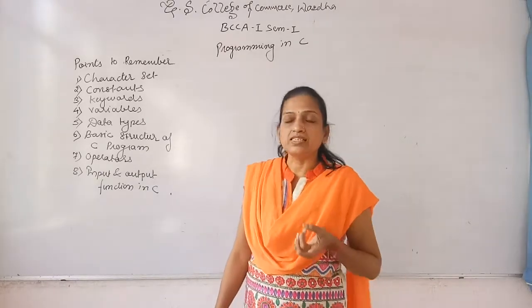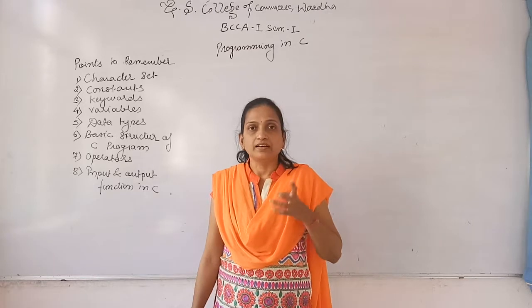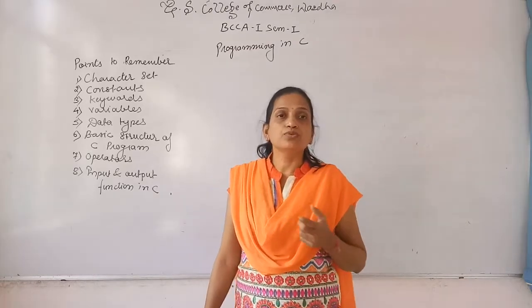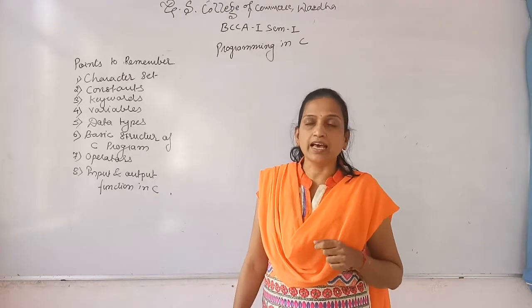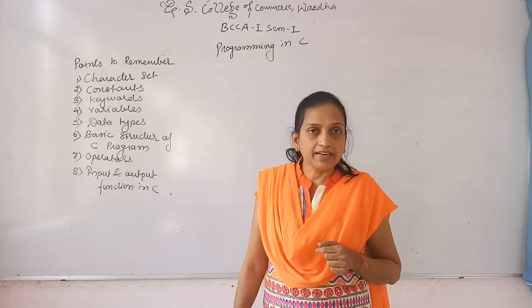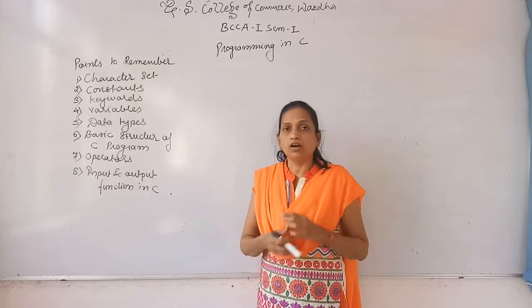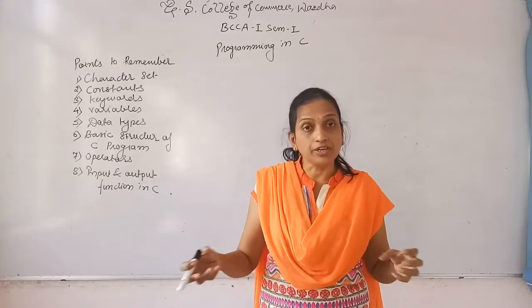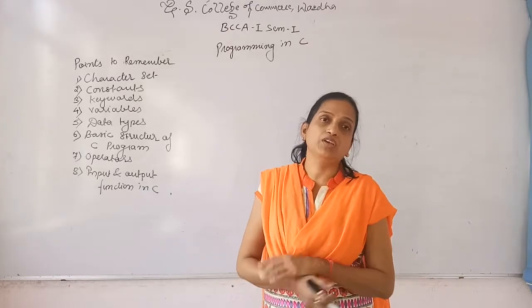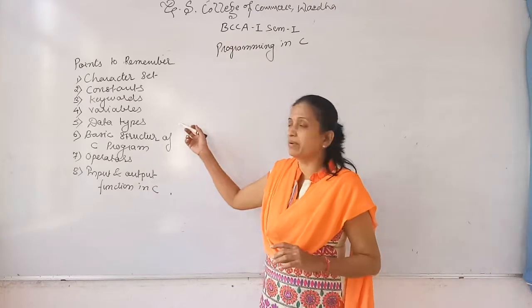Next is the char data type, which you can use to store a single character. Then the double data type: if you want to store a long floating point value, we can use the double data type.